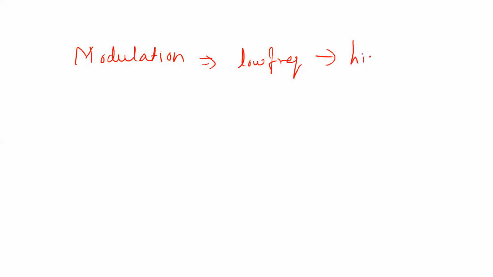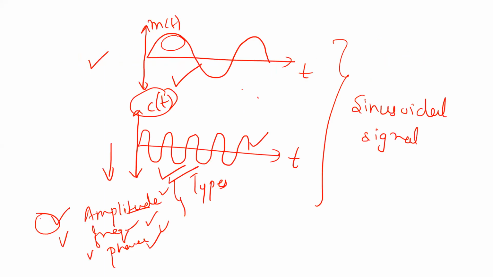Okay, now the next thing. Modulation can also be roughly defined as the process in which the low frequency signal gets converted to high frequency signal. As you said, the carrier signal frequency is very high, right?